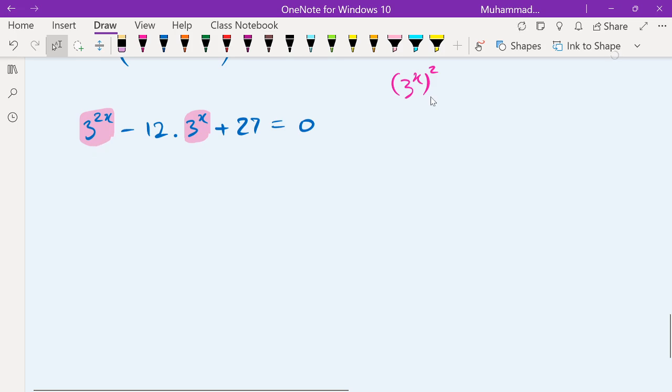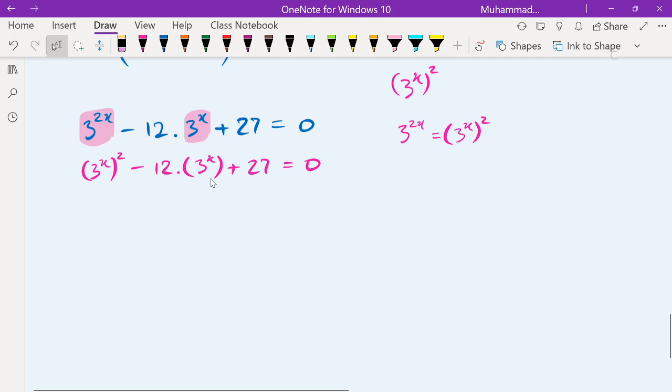As I told you, think of 3 to the power x as this, and 3 to the power 2x as this. It's (3^x) squared, and this is 3^x. That means one of the terms is linear in 3^x and the other one is its quadratic.